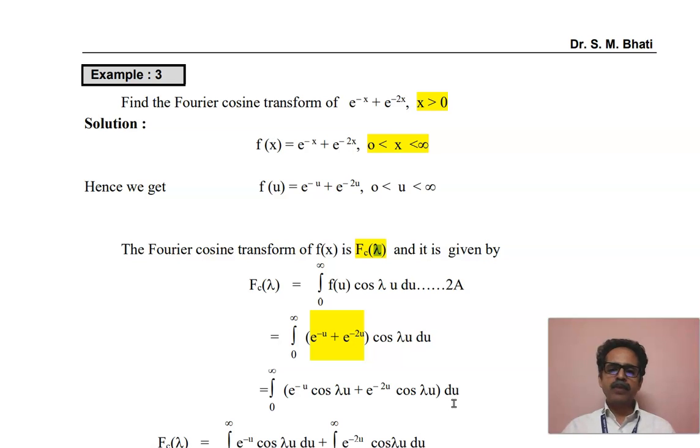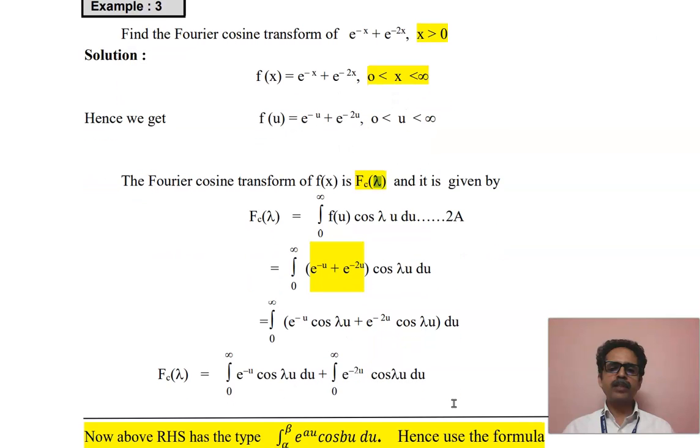In the next step, we can split this integral in two terms. The first term is 0 to infinity e raised to minus u cos lambda u du, plus this plus sign is continued here, integration 0 to infinity e raised to minus 2u cos lambda u du. You can see that here the limits 0 to infinity remain the same for both terms.